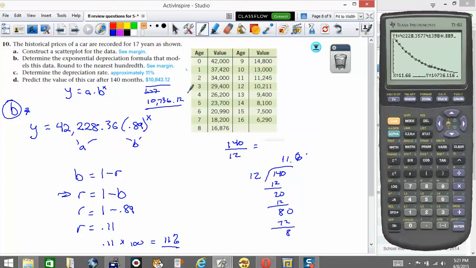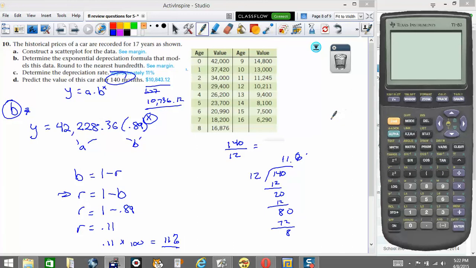Now the other way to do this, of course, is to plug this 140 months into X. And the way we would do that, let's just get the calculator going here.